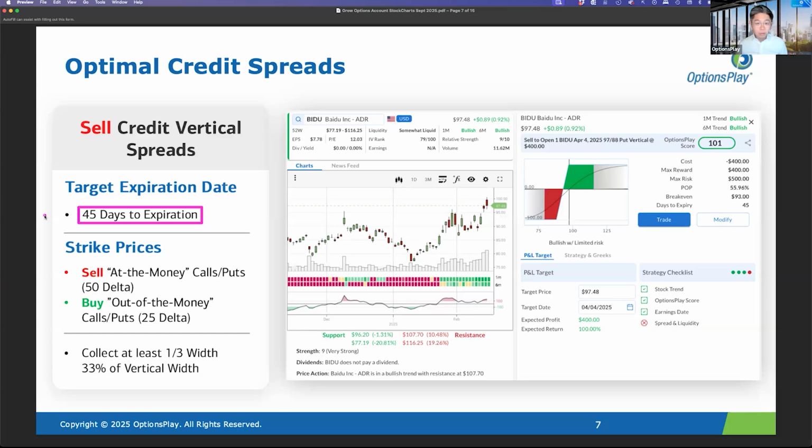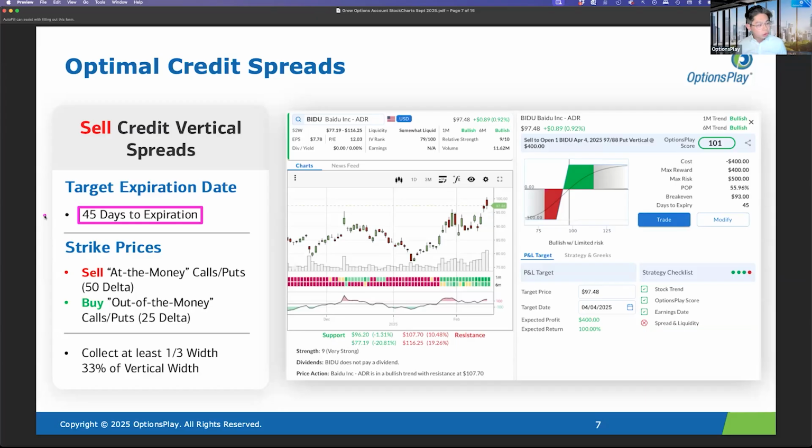With every single strategy we back test, we generally get a sense for what the optimal days to expiration to use is, as well as what strike prices to use. So when we're talking about credit spreads, we generally want to go out roughly 45 days from expiration in order to maximize the income generation part while minimizing the overall risk on the trade.